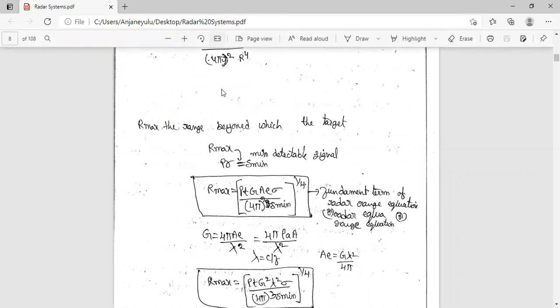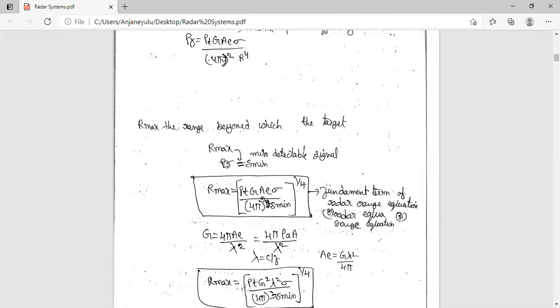In place of P_R, we substitute S minimum. At minimum detectable power, the distance is R maximum. So R is replaced by R maximum, and the received power is replaced by S minimum.